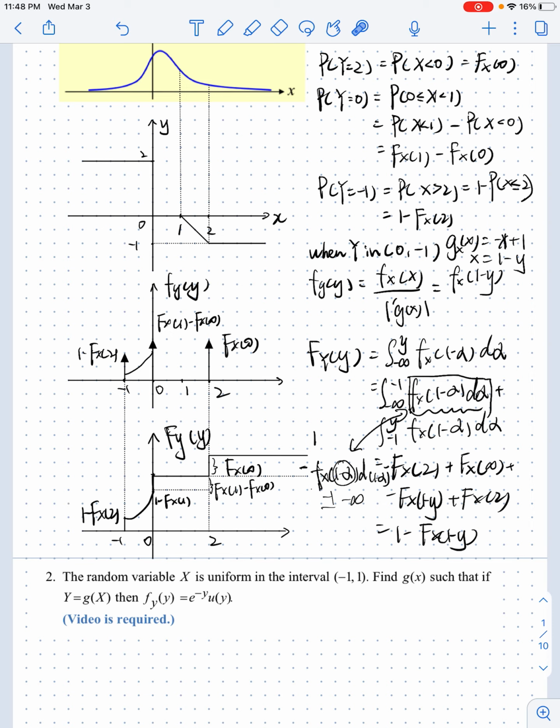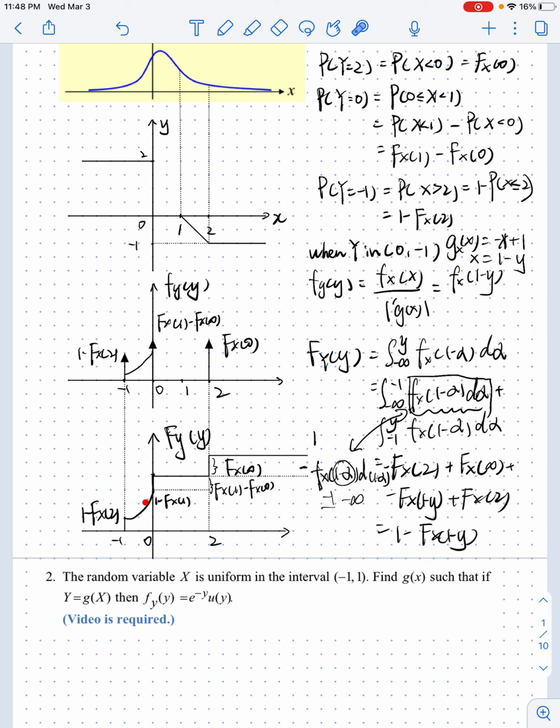So the integration value is 0 as well. When y is -1, because there is a delta function, when we do the integration, the value should be the area of the delta function. So it should be 1 minus Fx(2).